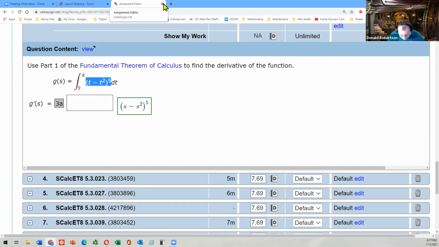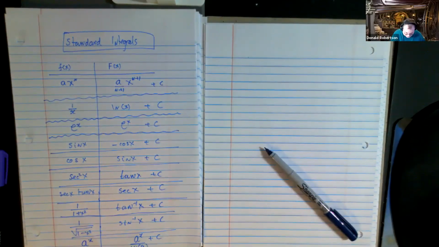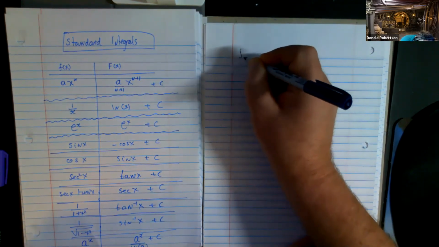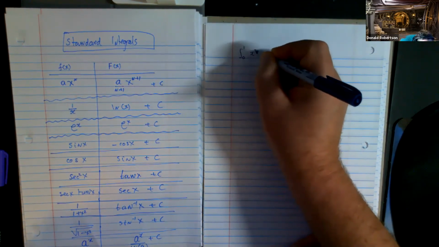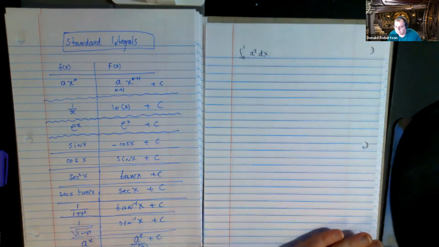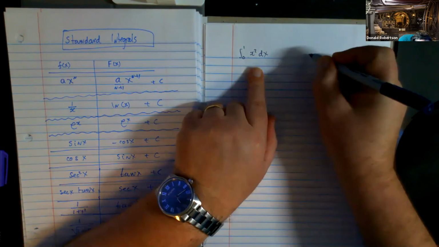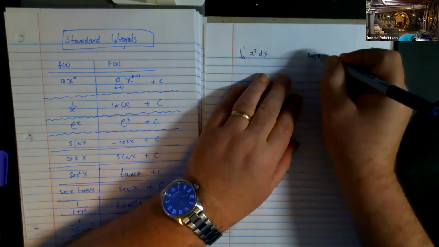And let's see, I need some room here. Keep this guy handy. If you get an integral from 0 to 1 of x squared dx, that's an example of an integral, right? These kind are called definite integrals.